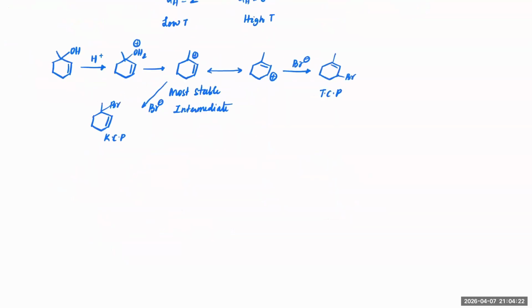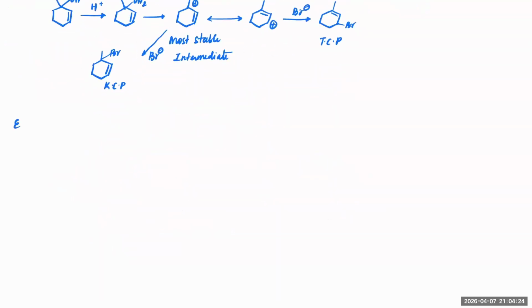Clear? Let me put one more example of a similar kind. Okay, what if I have a double bond here and OH here, and then I'm treating with HBr? Again, it follows the SN1 mechanism.